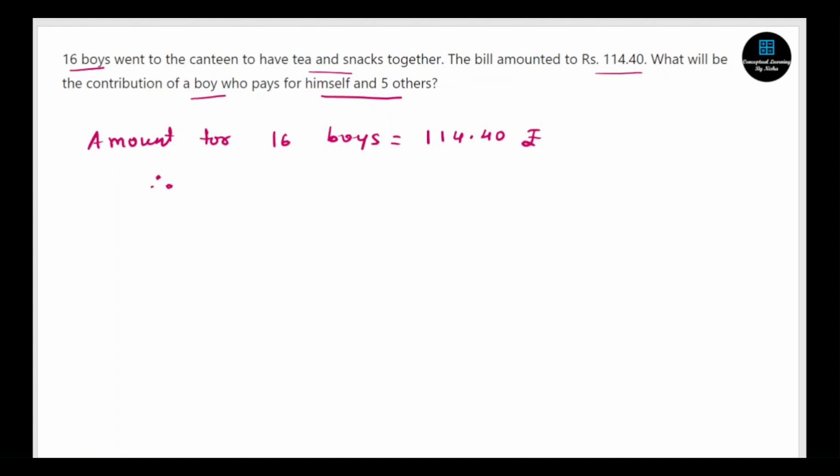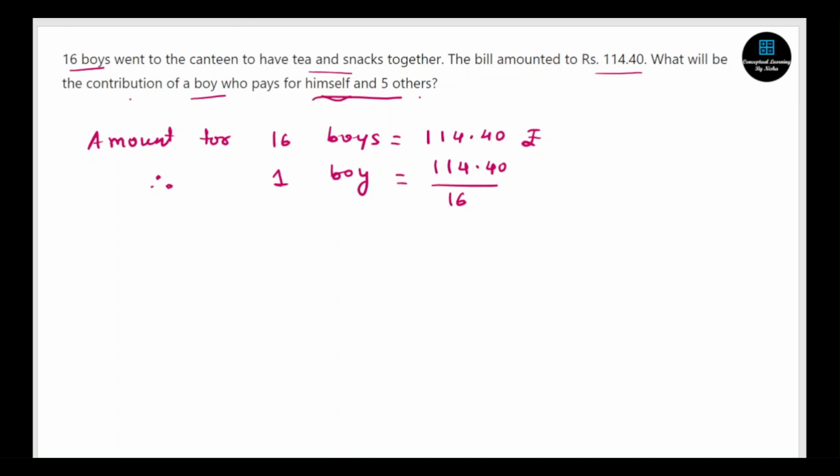Therefore, if I find the amount for one boy by the unitary method, what do we get? Divide by 16, correct?